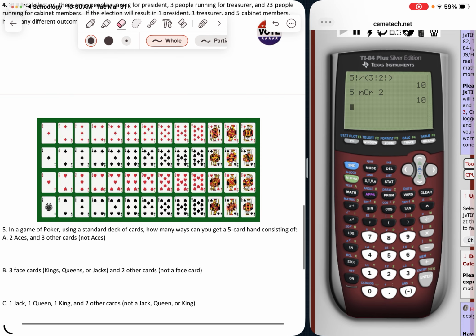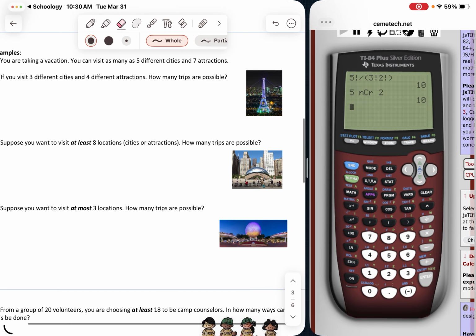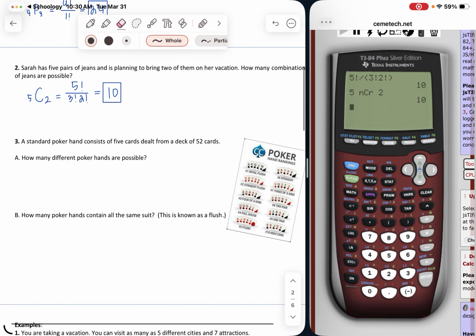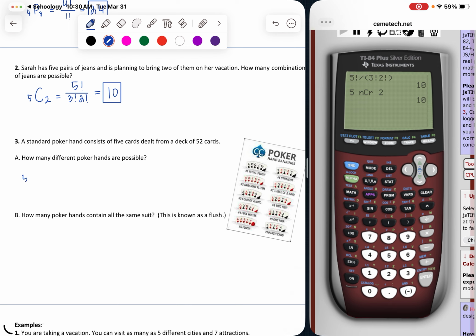So this is combinations. If you see here, there's 52, and it's how many different ways can I choose 5 of them? So I'm doing combination because order doesn't matter, and I'm choosing 5. I'm going to do 52, math, go over to probability, option number 3, choose 5, enter.